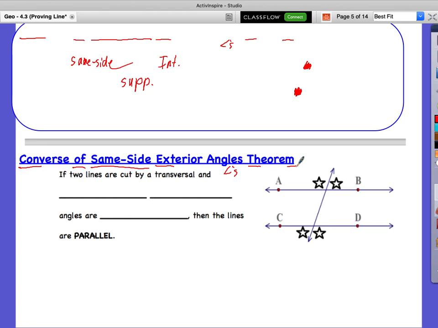Evan, if two lines are cut by a transversal at blank angles, go ahead and tell me, buddy. Same side exterior. Yeah, same side exterior angles, okay? And what would those same side exterior angles have to be for the lines to be parallel?